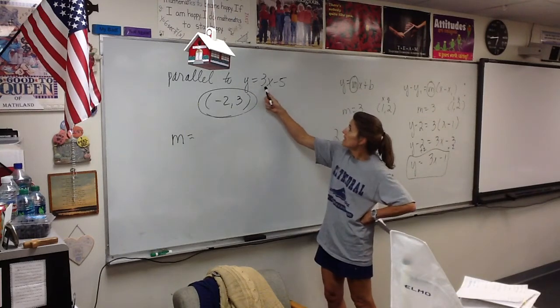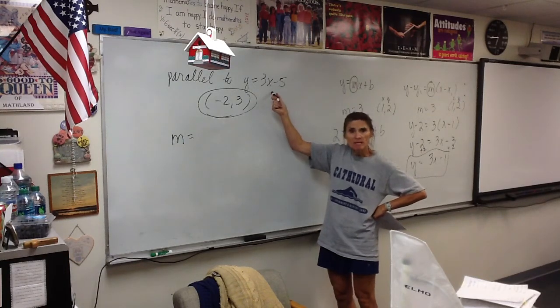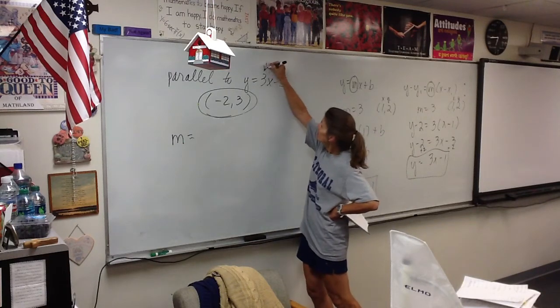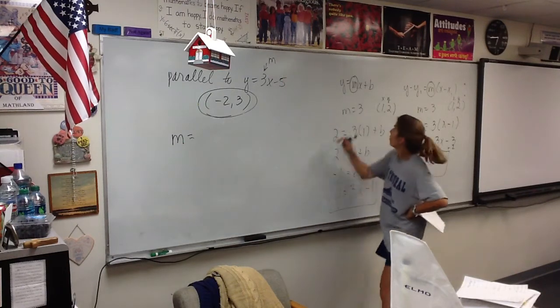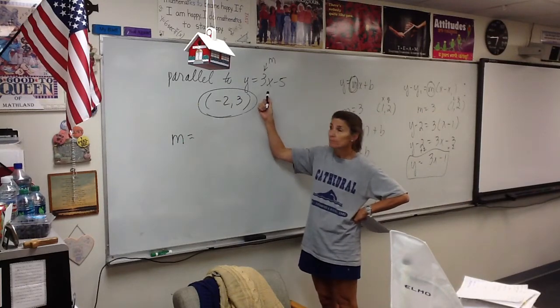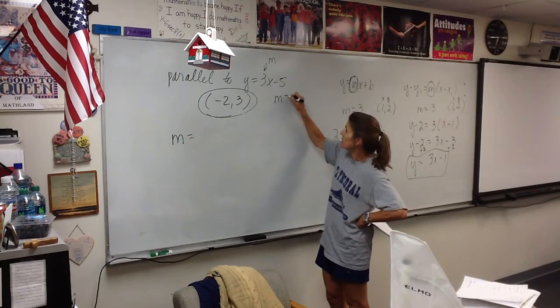Y equals mx plus b. So what's the m here? What's the m in this equation? It's right here, isn't it? Y equals mx plus b. So the slope of this line is 3.